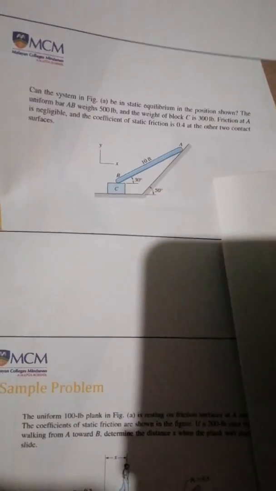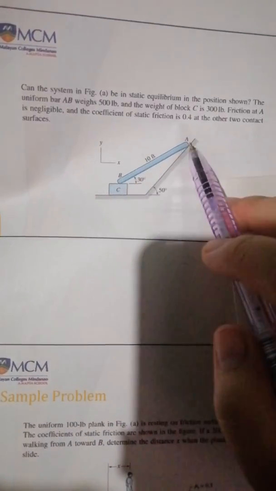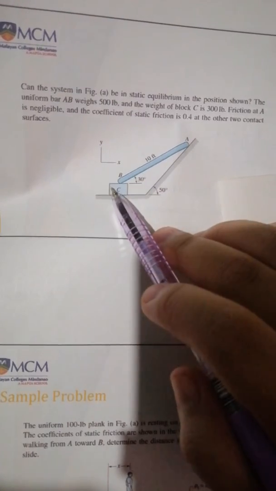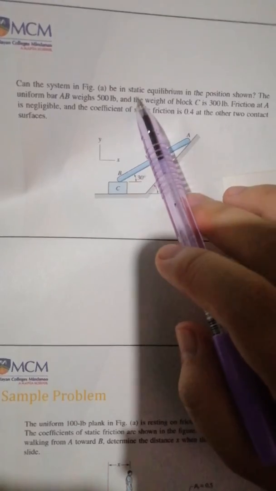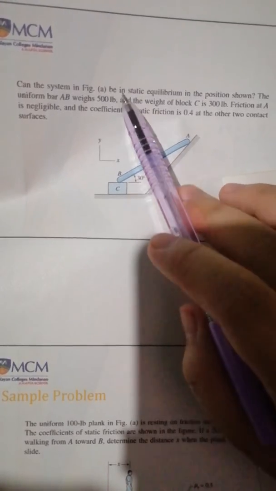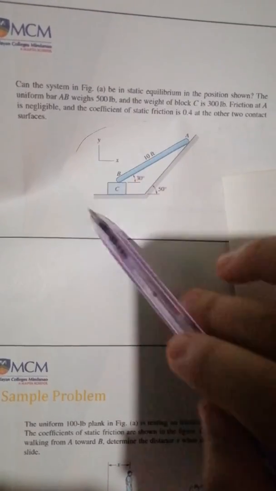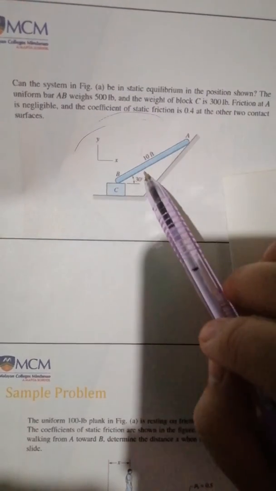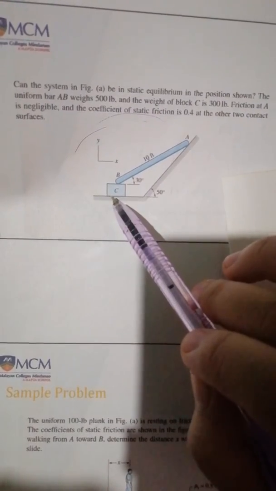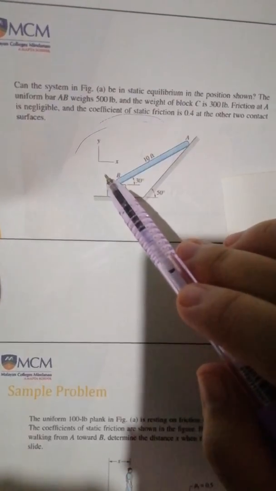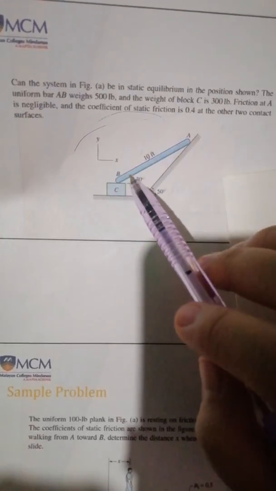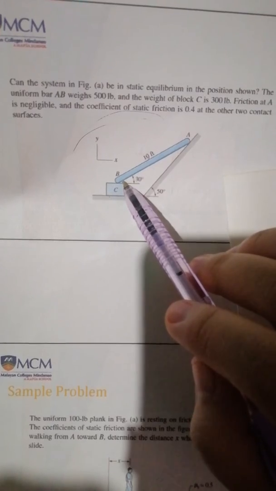Merong bar AB, nakapatong siya dito na surface and on block C. Ngayon, the question asks us if this remains static, meaning both of the objects will not move. So, we have to determine or compare values of friction forces.